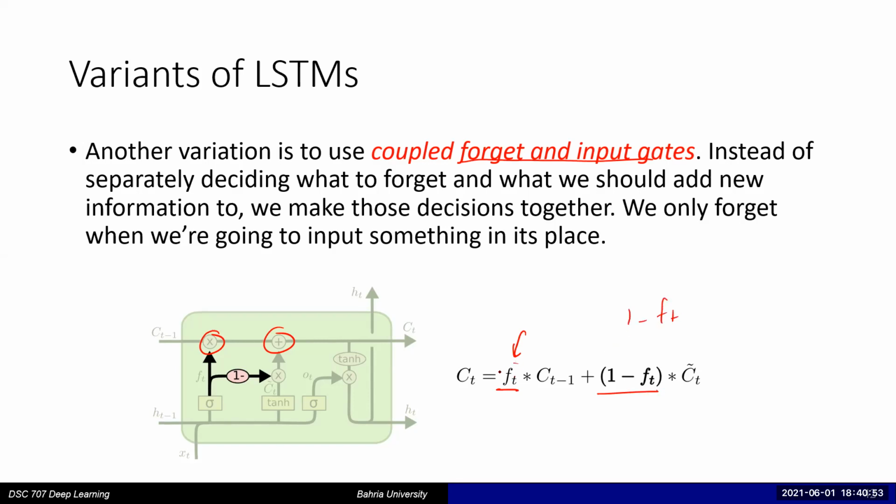So if you are not forgetting anything, you will not be adding anything new. Both of these are complements of each other. You only forget something when you want to add something new. So rather than having a new it which has a different weight matrix, what you are adding is also a function of what you are forgetting. So this is called a coupled forget and input gate.